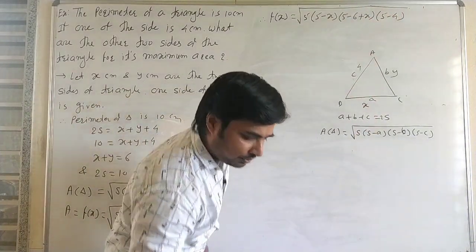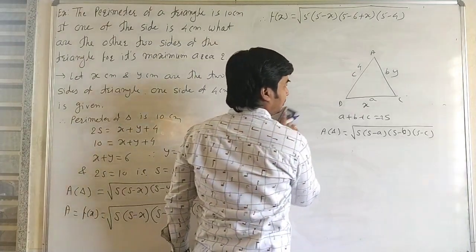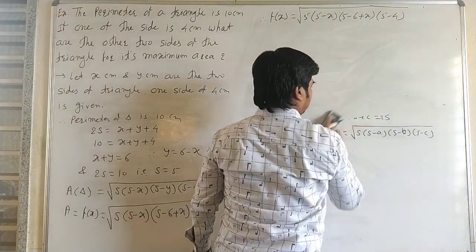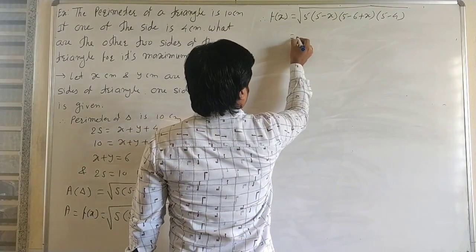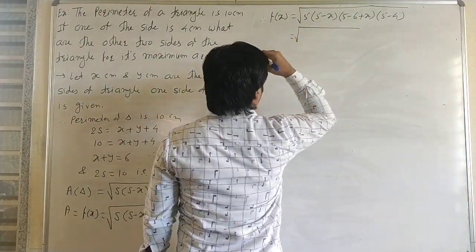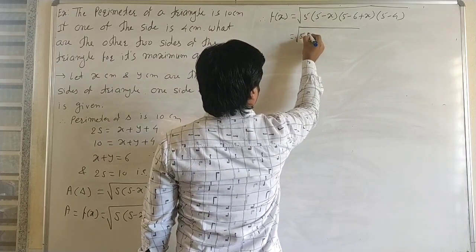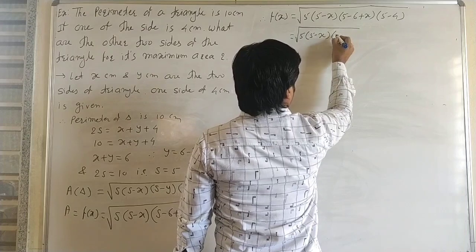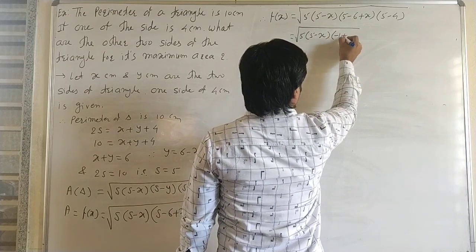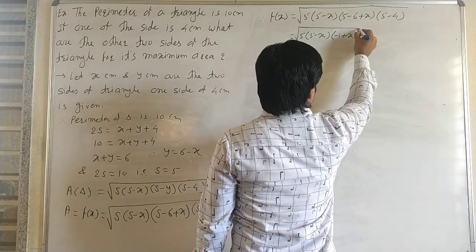Okay, therefore it is under root of 5 minus x, it is minus 1 plus x, and it is into 1.